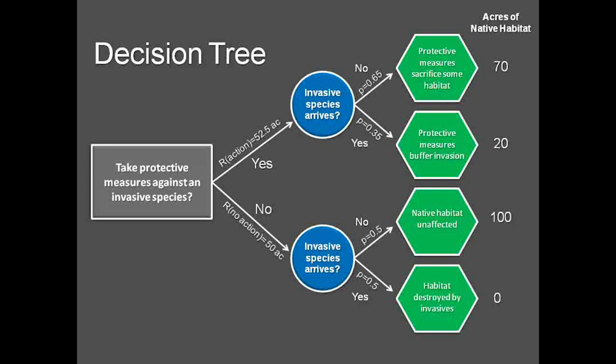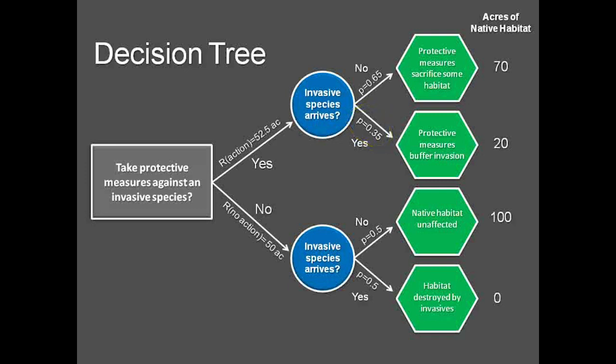So what we then do is consider the probability of each of the outcomes and the value of each of the outcomes. The probability of getting the outcome of 70 at the very top is 0.65. The probability of getting the outcome of 20, which is the second one down, is 0.35. And of course, those add to 1.